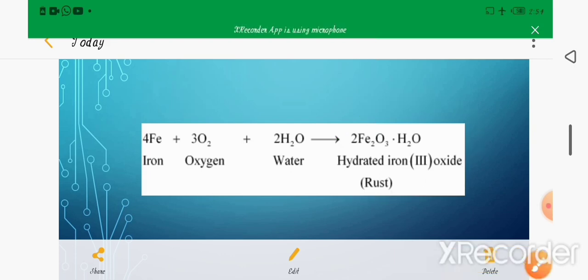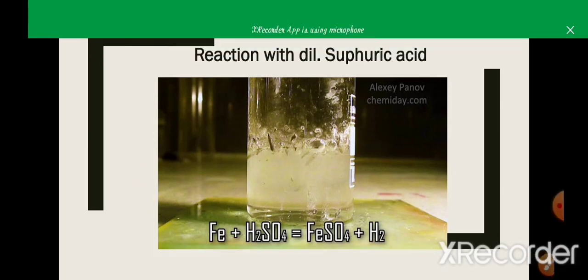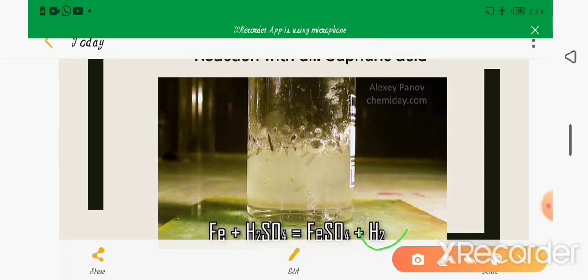Next, we go to the next reaction, that is reaction with dilute sulfuric acid. Iron reacts with H2SO4 to form FeSO4 plus H2 gas. Whenever it reacts, it forms H2 gas.